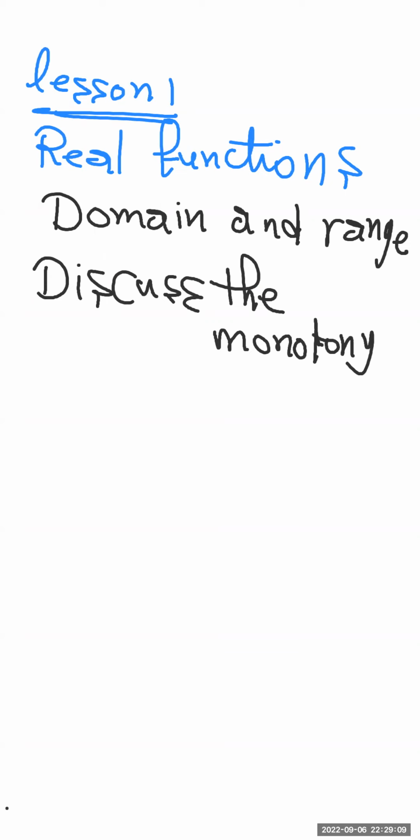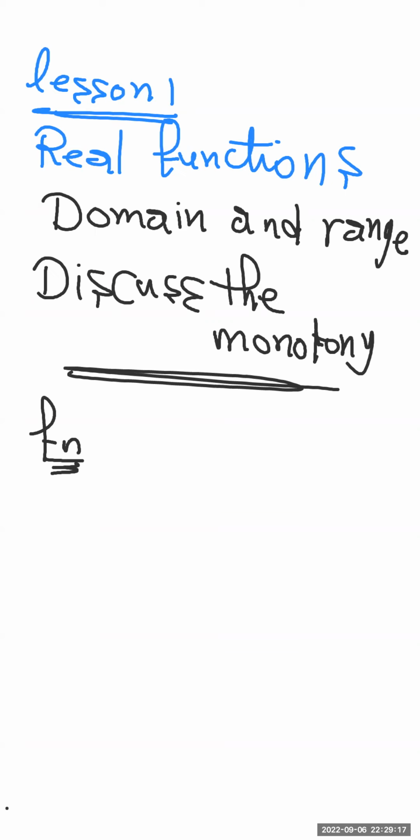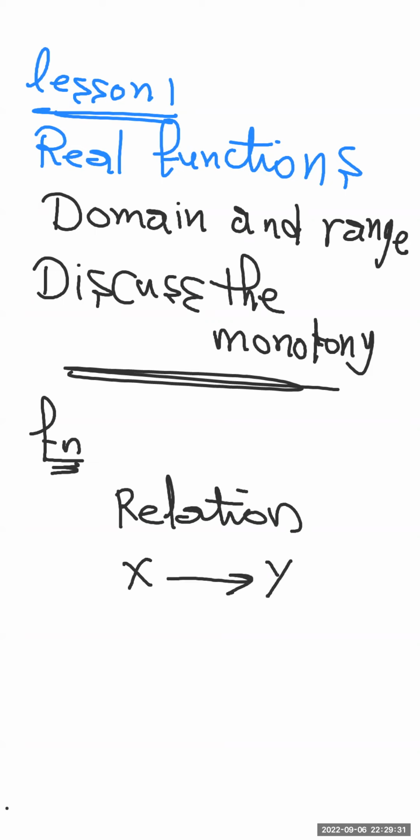Okay. The first point in this lesson is about the function. At first, if there is a relation from x to y, how can we consider that this one is a function or not?